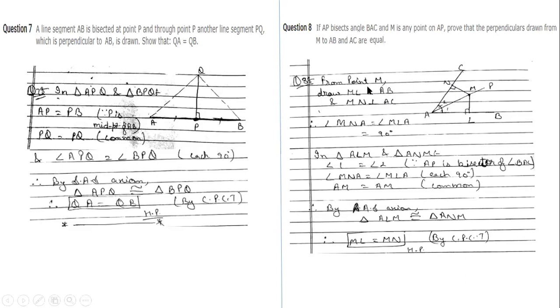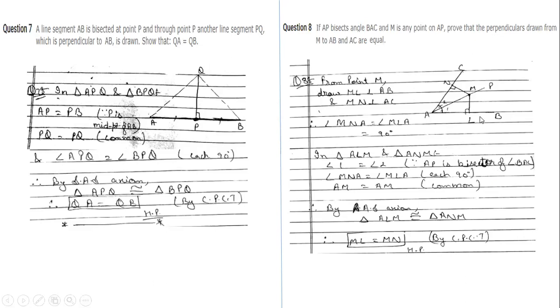So write down: from the point M, draw ML perpendicular to AB, MN perpendicular to AC. That means angle MLA and MNA are equal to 90 degrees. Now consider the triangles ALM and ANM. Angle 1 is equal to angle 2 because AP is the bisector of angle BAC.